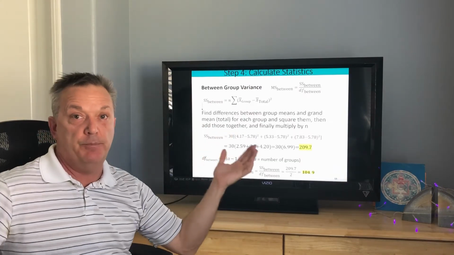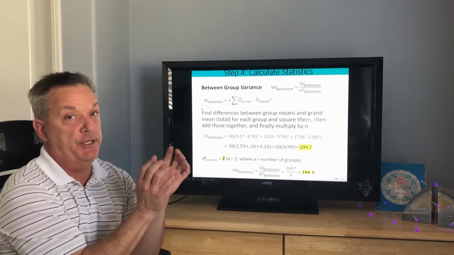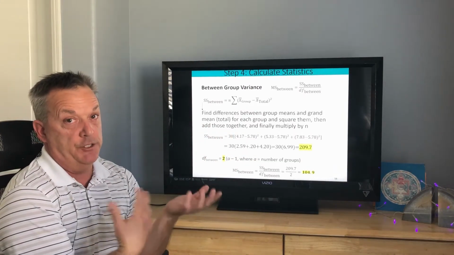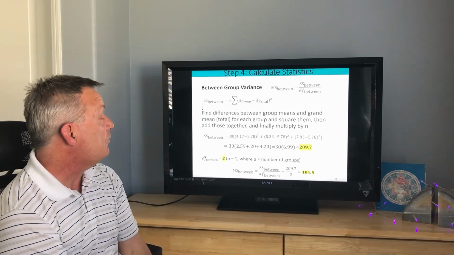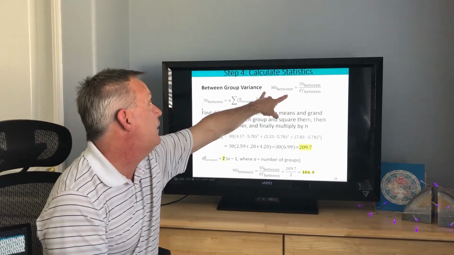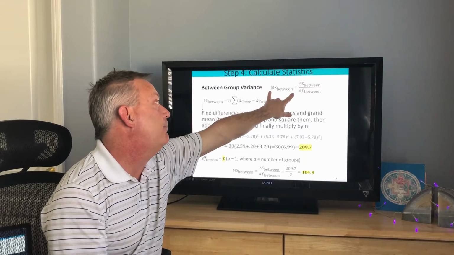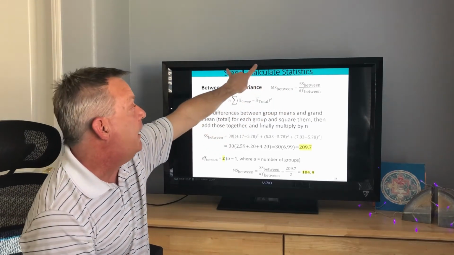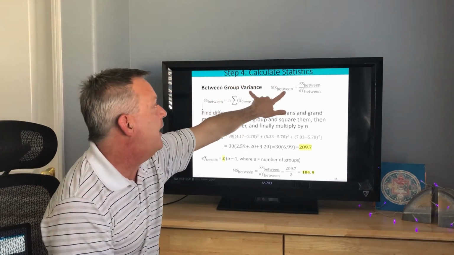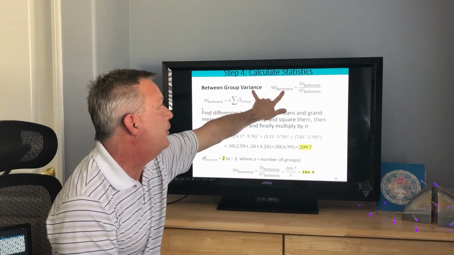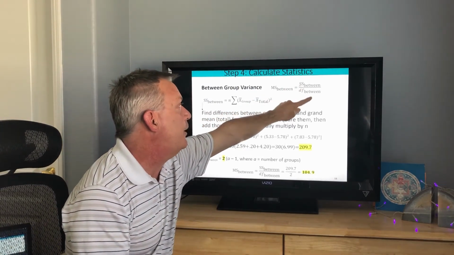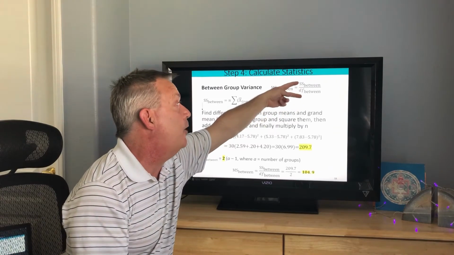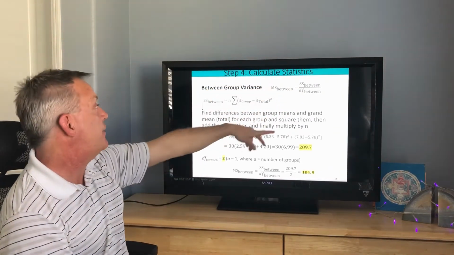And I'll just show you how to plug in those values very simply into the equation to get your F ratio. Another term for the between group variance is the mean of squares between. And the way to find this value is the sum of squares between over the degrees of freedom between. So I'm going to help you find both values very simply.